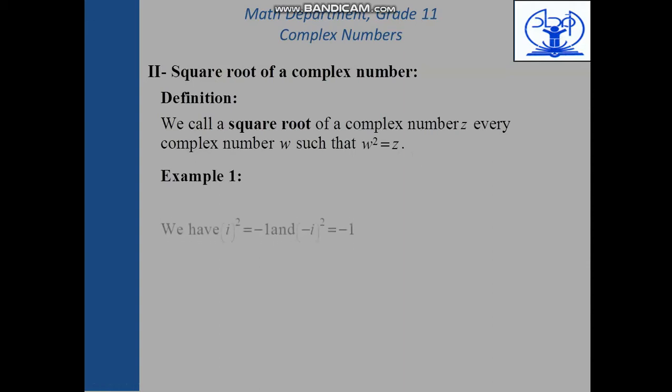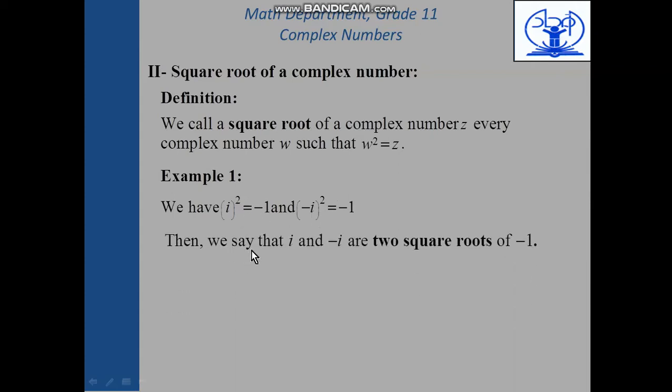Examples. Example 1: we have i squared and minus i squared are both equal to minus 1. So we can say i and minus i are two square roots of minus 1, and you can remark that i and minus i are two opposite complex numbers.